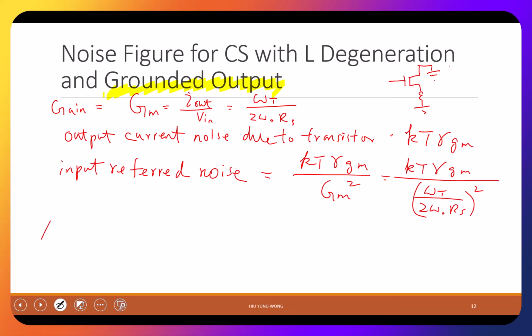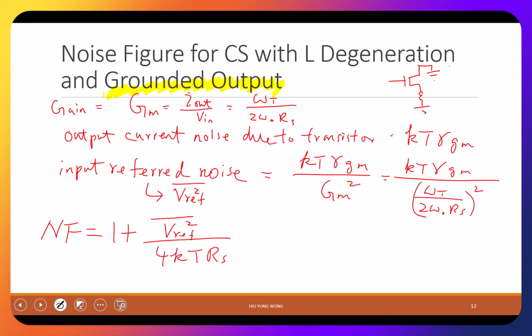If I want to find the noise figure as a function of the input reference noise, how about I just call this VRF, right? It's not consistent with my previous. Divided by what? You need to further reference to the 4kTRS, right? That is how you get the noise figure. Well, of course, we also discussed that we did not have a step in between.